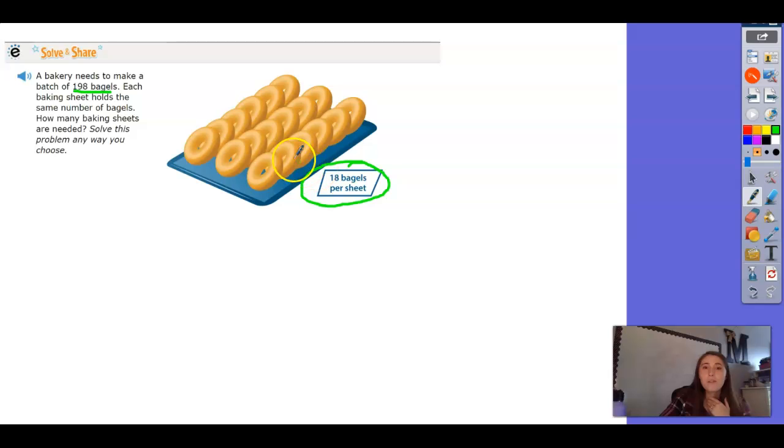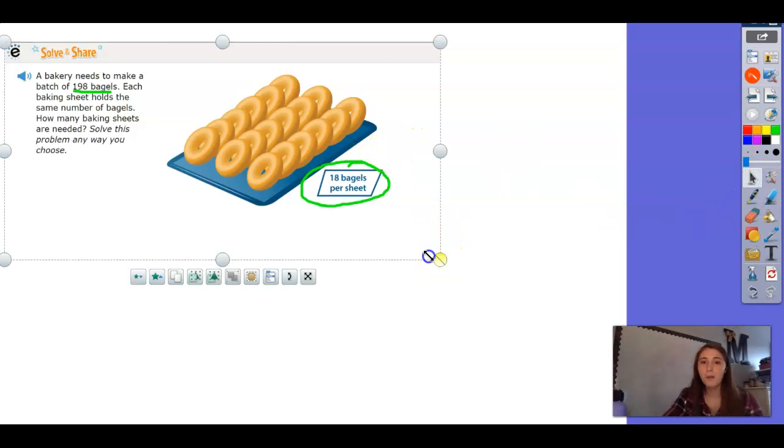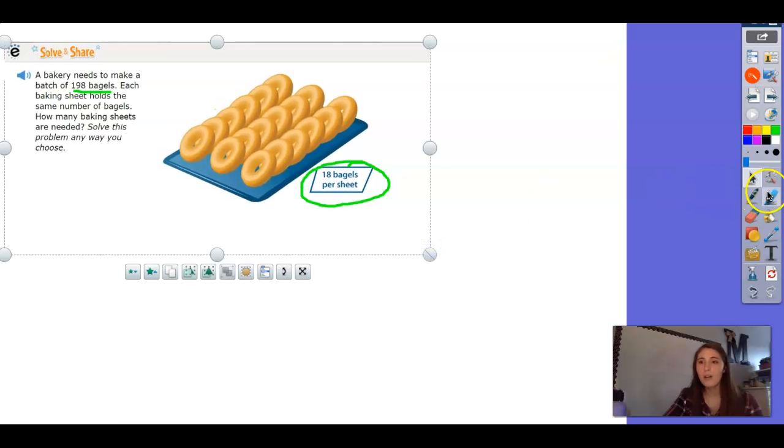My dividend is the largest one, which is 198 bagels, and my divisor is my 18 bagels. So my division problem is going to be 198 divided by 18.